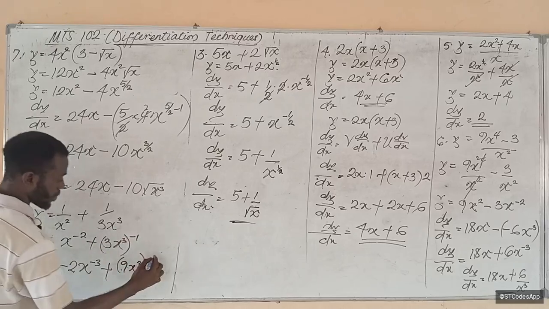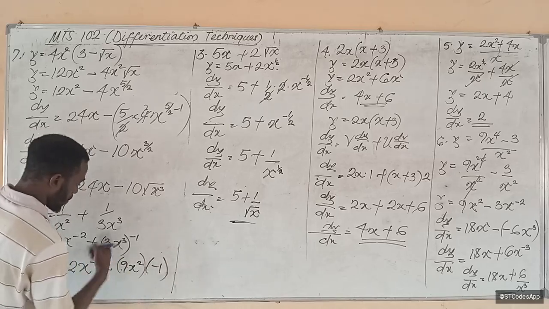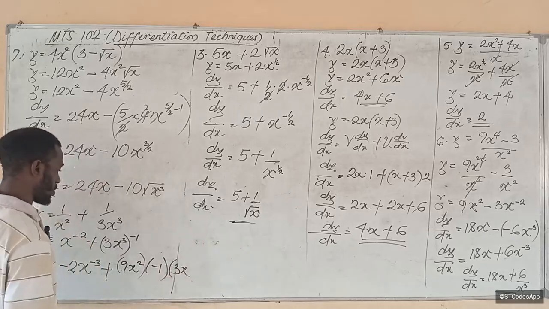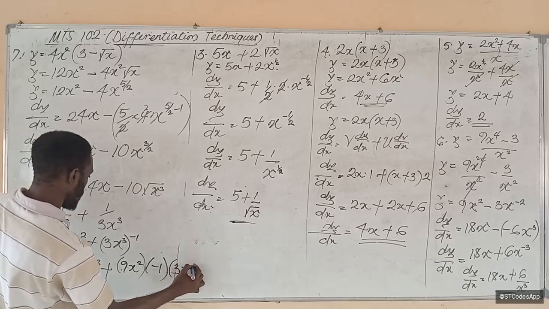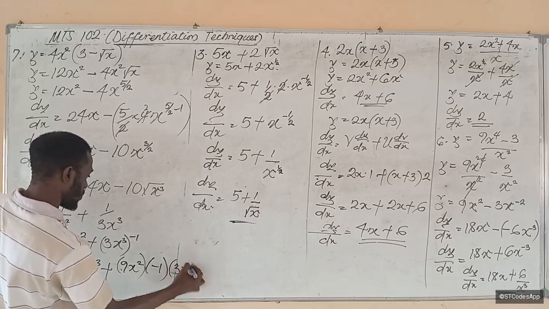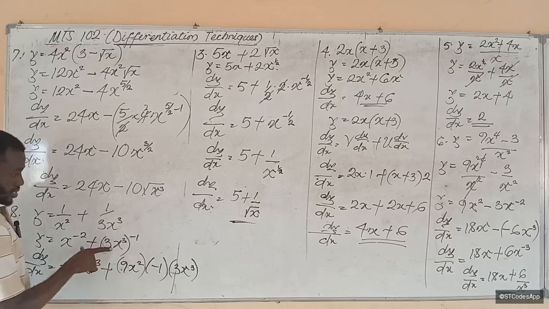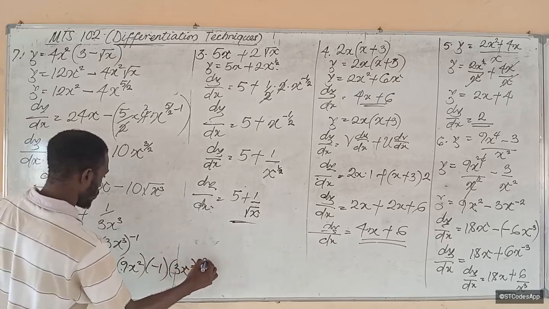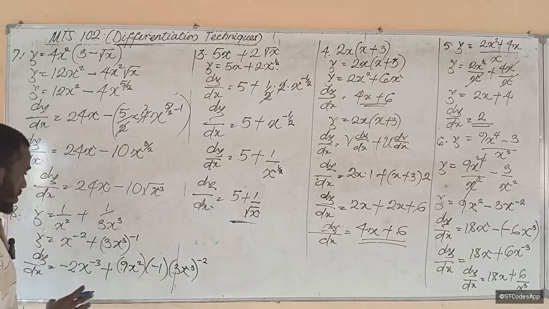That will be minus 1 multiplying 3x raised to the power 3, then it will reduce by 1, or raised to the power minus 2. I hope this is clear.